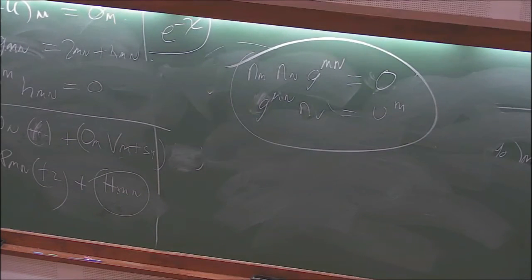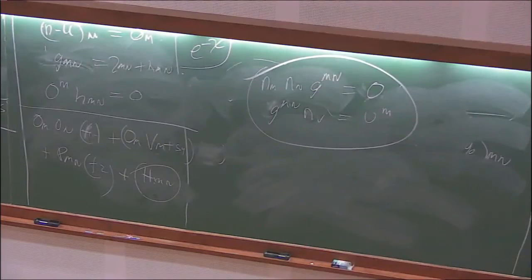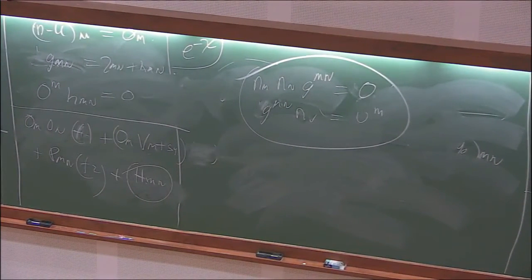What we're left with are the constraint equations. Then you can ask, are the constraint equations solved? Now, if the constraint equations are solved at one side, they're solved at every side. So you can evaluate them in any place of interest. It's most convenient to evaluate them at the event horizon, at psi equals 1. And you find that the constraint equations are not automatically solved, but are solved if and only if the following equation is obeyed.